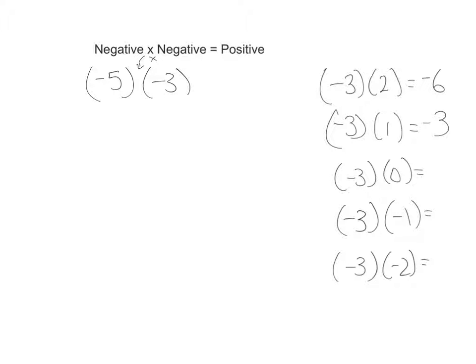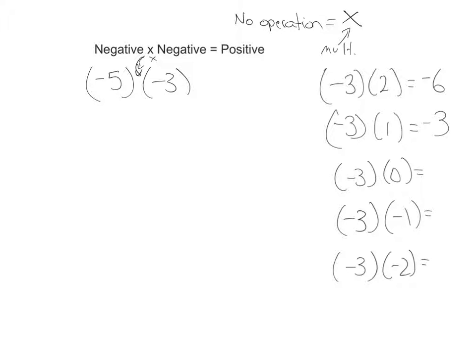If there's no operation, that is the same as multiplication. So if I write negative 5 in brackets, and then negative 3 in brackets, with nothing in between, we assume it is multiplication. It just makes our life a little simpler.